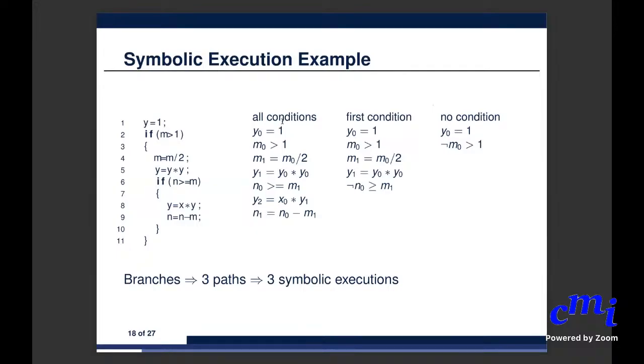So each symbolic path represents a set of actual execution runs in a simulation, potentially an infinite number of runs. Since you're enumerating symbolic paths, it'll still only be finitely many paths, and the hope is that there'll be a small number of them.